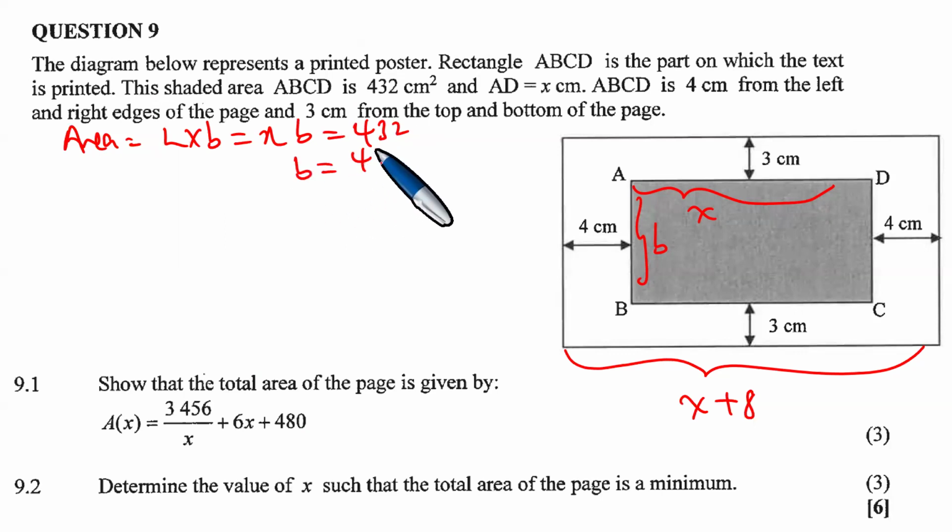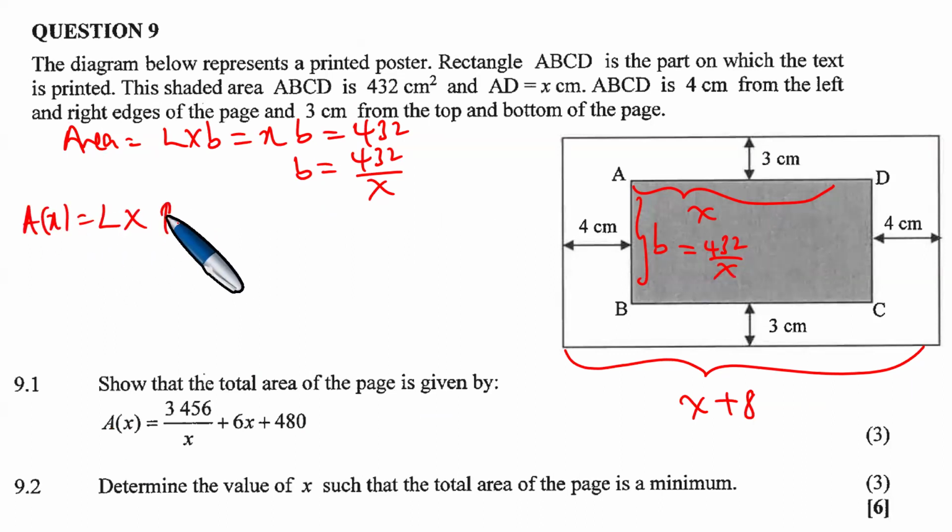Dividing by X, we have 432 over X, meaning this breadth is 432 over X. At this point we need the area as a function of X, which is length times breadth. What is the length? The length is X plus 4 plus 4, which is X plus 8.